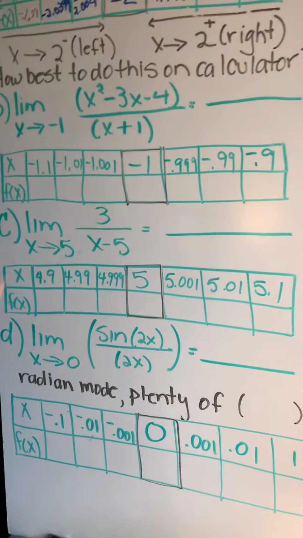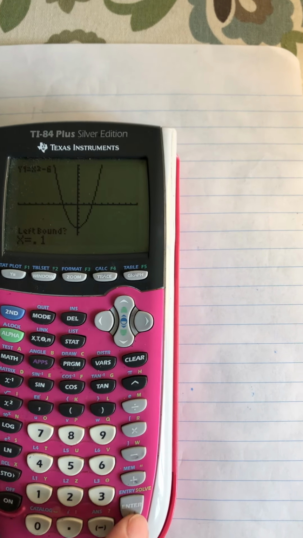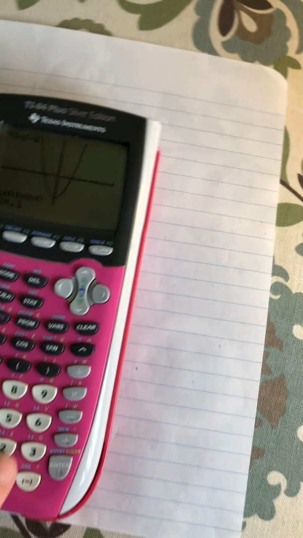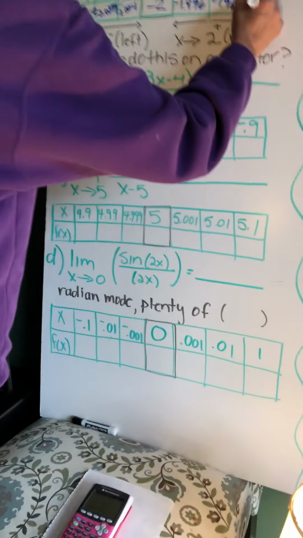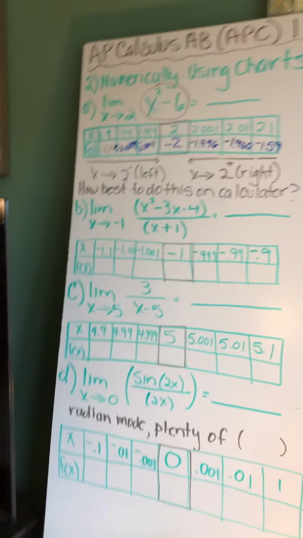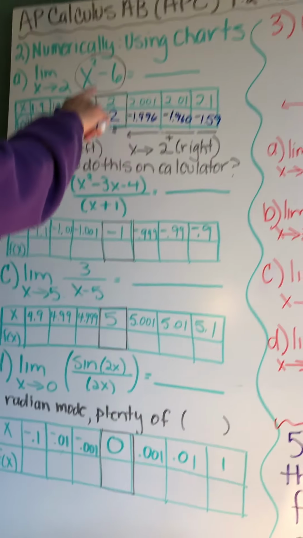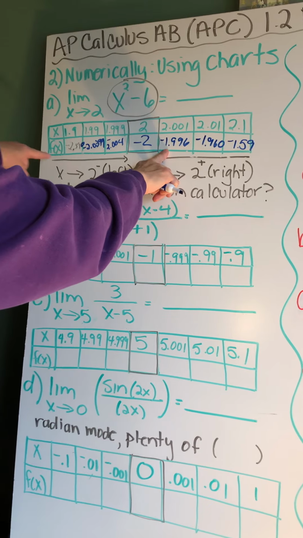Notice I'm always going to the third place. And 2.1 is our last one on this chart. Go, -1.59. There we go. All right, so let's take a look at it. Let's approach 2 from the right and from the left.